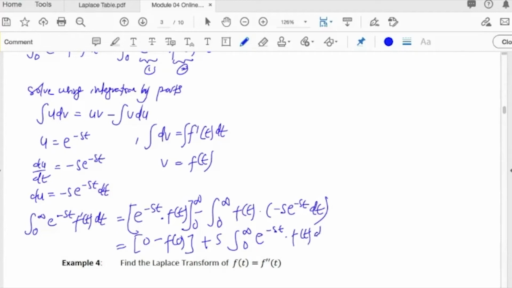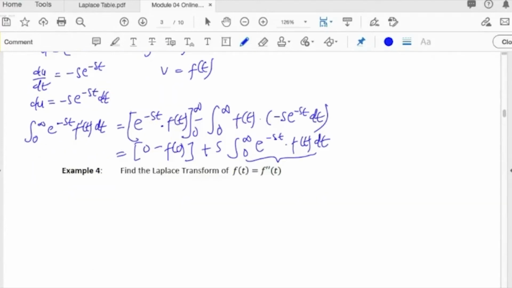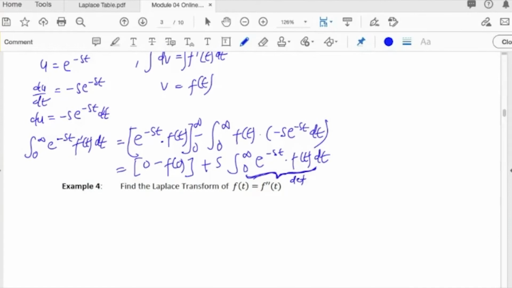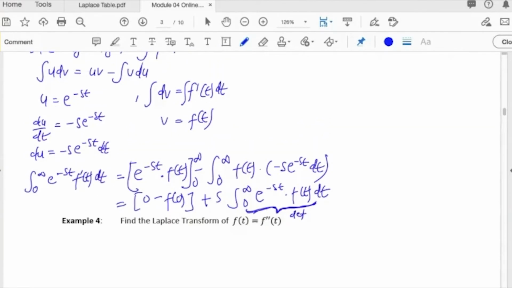All right, so if you look at that part, anyone know what that part is? This whole thing actually refers to the definition, isn't it? We can say that it is the Laplace transform of f(t).